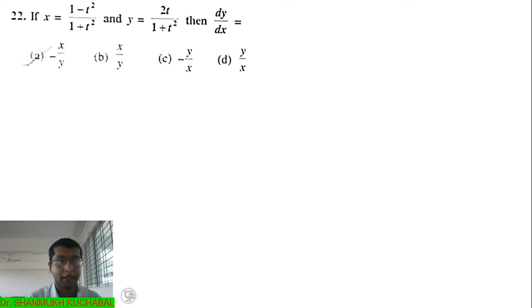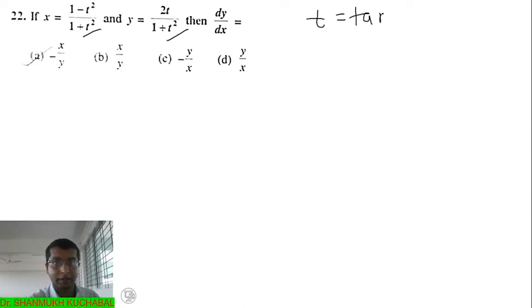Now the next example. x is a parametric function in terms of a variable t, similarly y is a parametric function in terms of t, and we need to find dy by dx. Here we observe 1 plus x square, so we use the method of substitution and take t equal to tan theta.